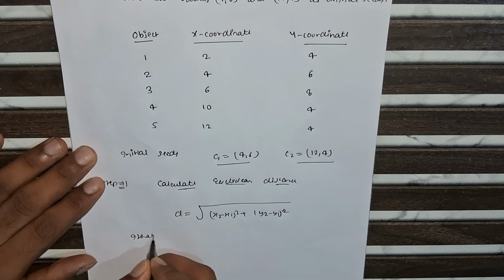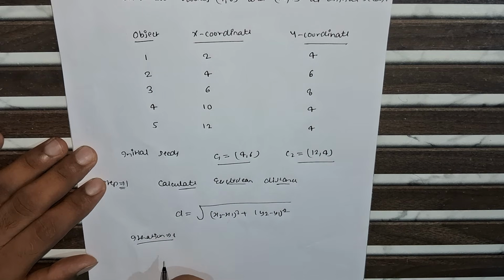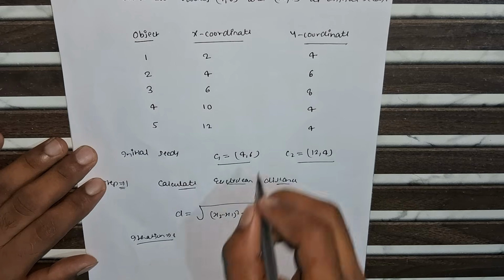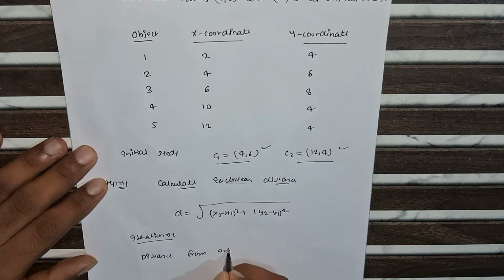In the first iteration, what we have to do is calculate the distance from the initial centroids which are given in this question.